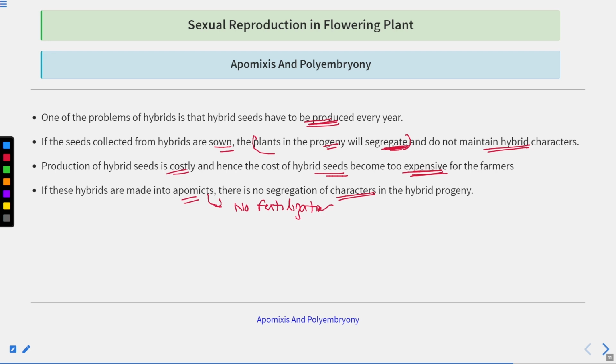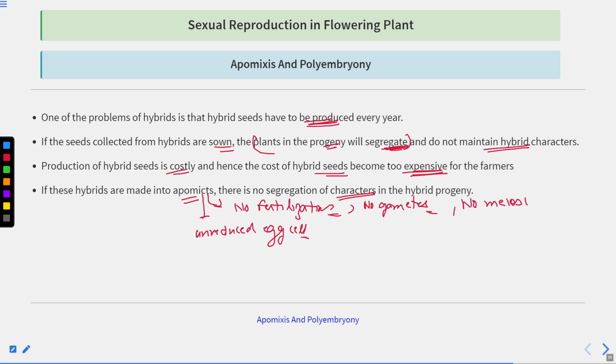And these apomicts are produced by the unreduced egg cell. So there is no fertilization, there is no gamete formation, means there is no recombination and crossing over, there is no meiosis also.